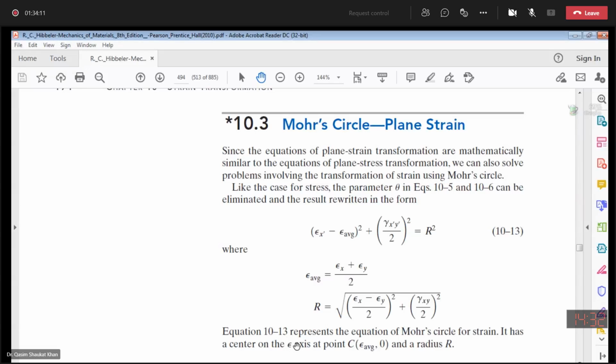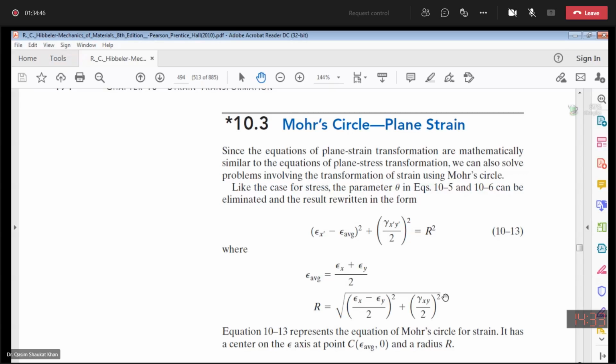So in this case, your center point will lie on the normal strain axis, and the coordinates of the point C will be the average strain and zero shear strain, and the radius is r, equal to the square root of ((epsilon x minus epsilon y) over 2) square plus (gamma xy over 2) square.